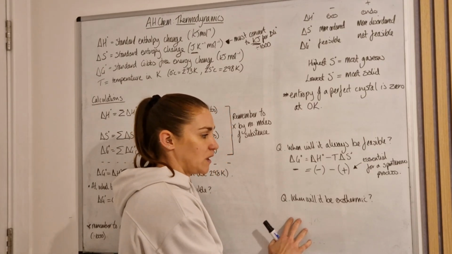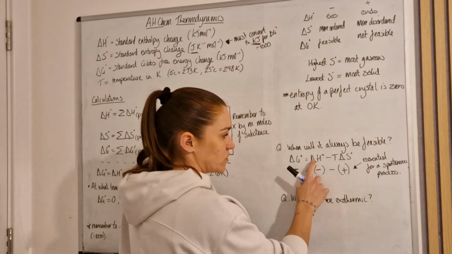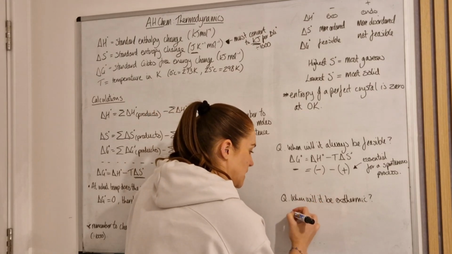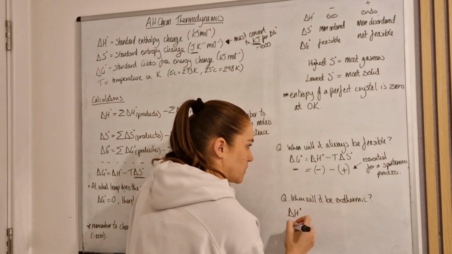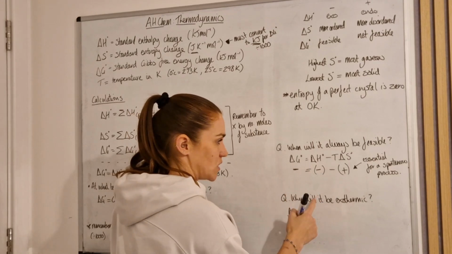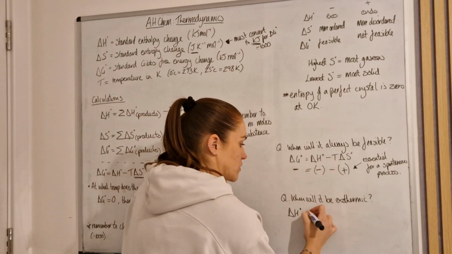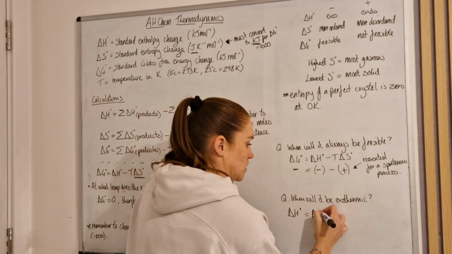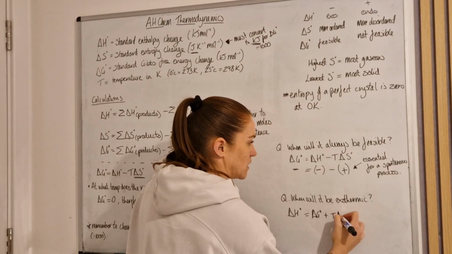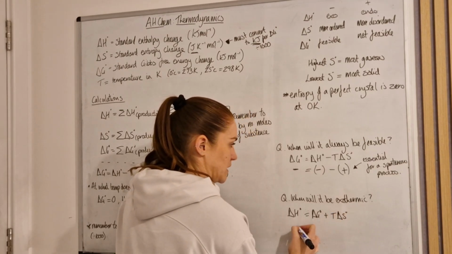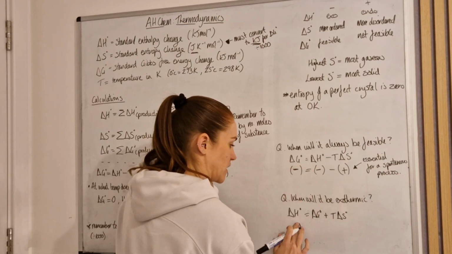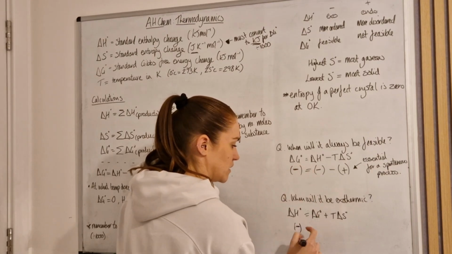In terms of when the reaction will be exothermic, so that's when we want delta H to be negative. So because the exothermic is to do with enthalpy change, I'm going to rearrange the equation to have delta H as the subject. So I take that across and it becomes delta G plus T delta S. So we want this to be exothermic, we want it to be negative. Put the brackets around, it makes it a bit easier to see what's going on, I think.